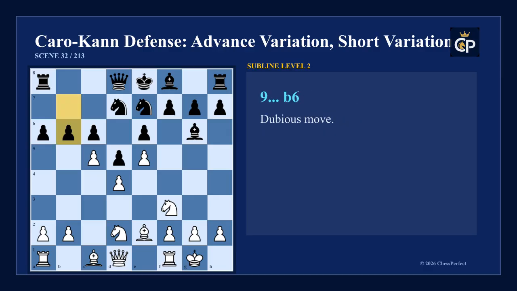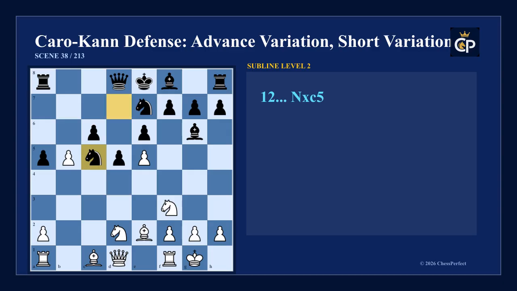b6. Dubious move. b4. a5. b5. b takes c5. d takes c5. Knight takes c5.